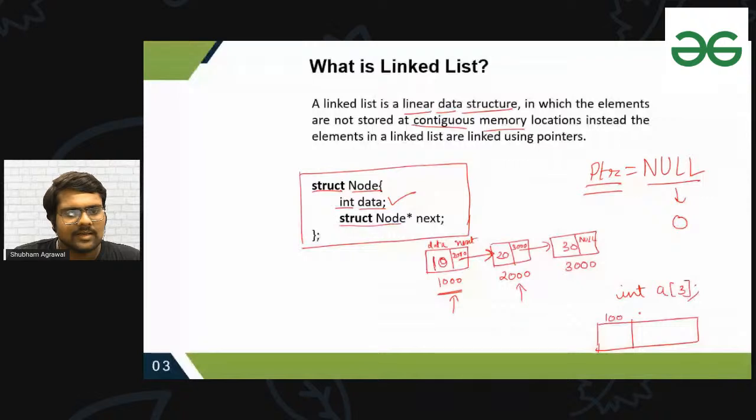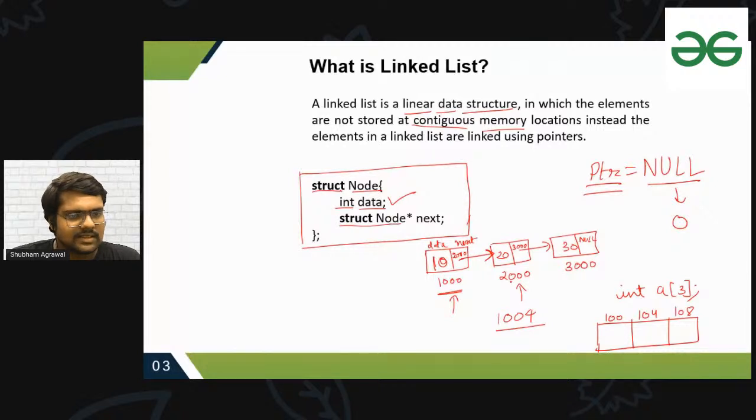But in a linked list the node address is 1000, then it can be 2000, not 1004, because it is dynamically allocated.